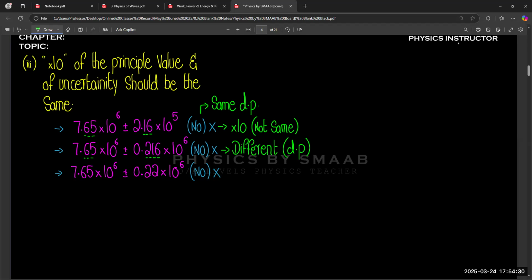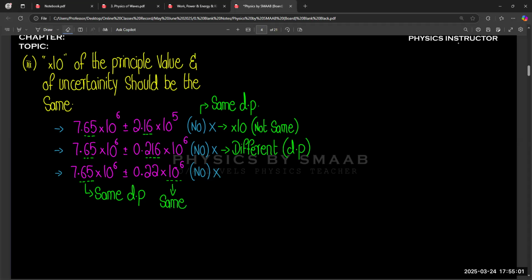And in option number three, we have the same decimal point and we have the same power of 10.